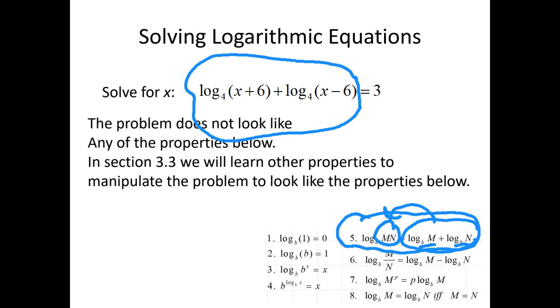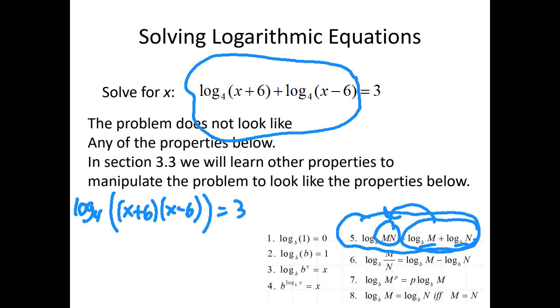And so if I do that, we have log 4, and then we're going to multiply: x plus 6 times x minus 6, and that's equal to 3. That's what the property allows me to do, to take two logarithms and condense them into just one logarithm.